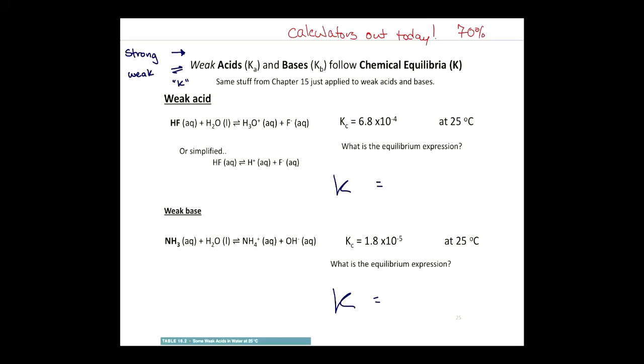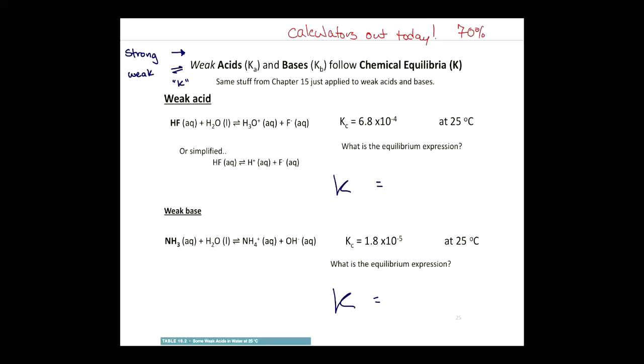Okay. So remember, with strong acids, we had the full forward arrow. That's why we were allowed to just assume if we had like a 1 molarity HCl solution, then we had 1 molarity H+, because it fully ionizes. But here, with weak acids, we have to follow a chemical equilibria, big K. So we use different expressions to represent weak acids and weak bases.